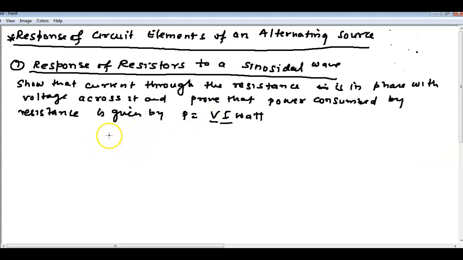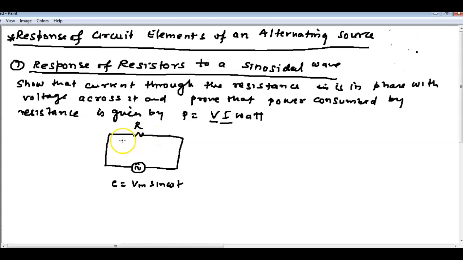So consider an AC circuit with only pure resistance. Nothing else is connected here, so it is said to be pure resistance. The source is E is equal to Vm sine of omega t, and R is the resistance.